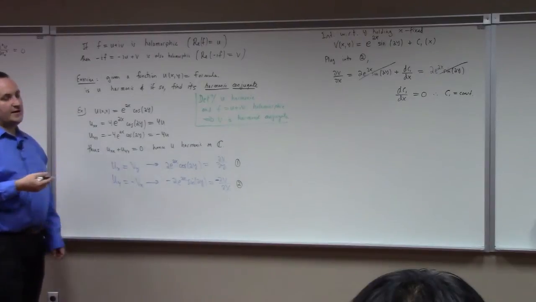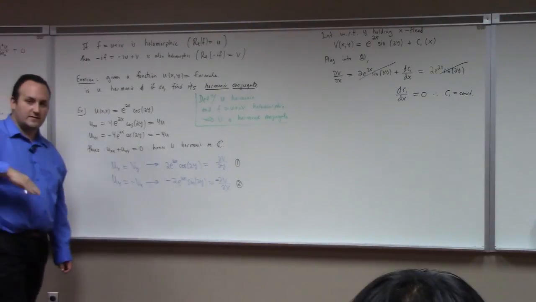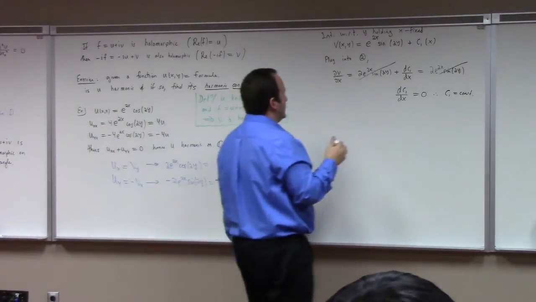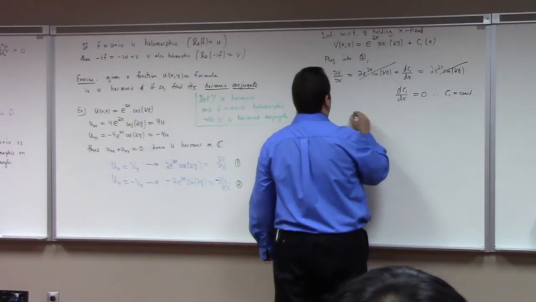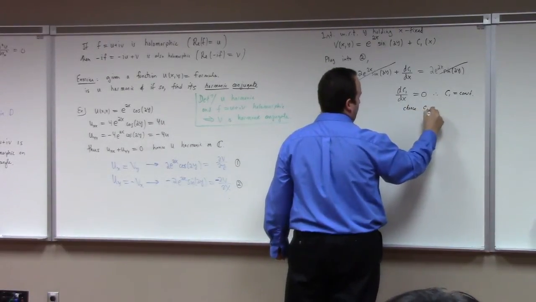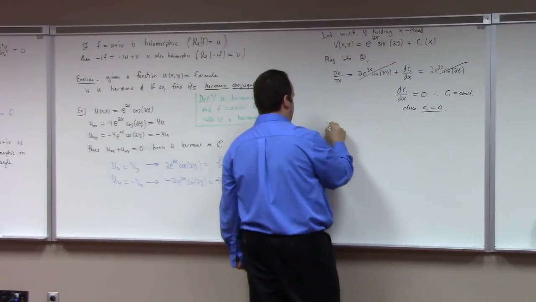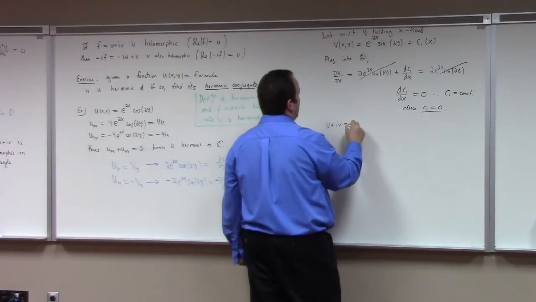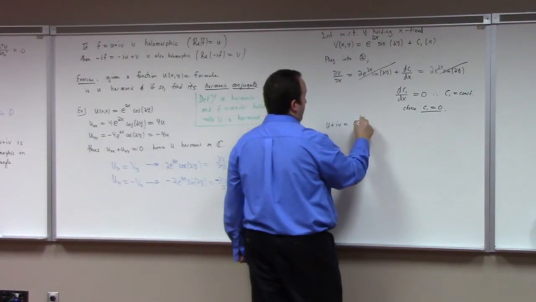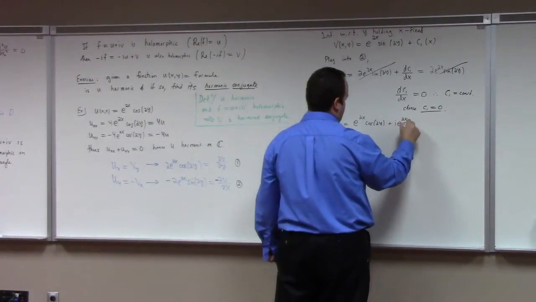In fact, the harmonic conjugate is not unique. You always have some freedom in the selection of a harmonic conjugate. You can shift it by a constant, at least that much. Let me just choose c1 equal to 0 for convenience. And what do we have? u plus iv is equal to e to the 2x cosine 2y plus i e to the 2x sine 2y.